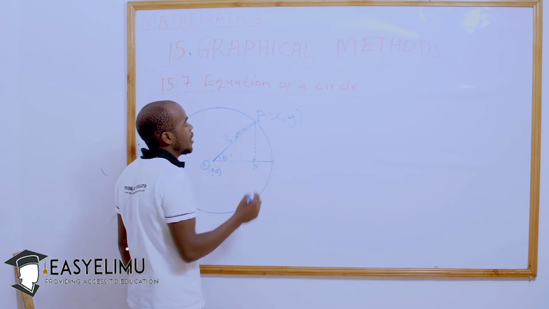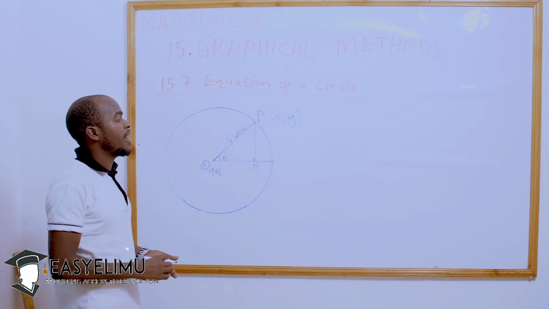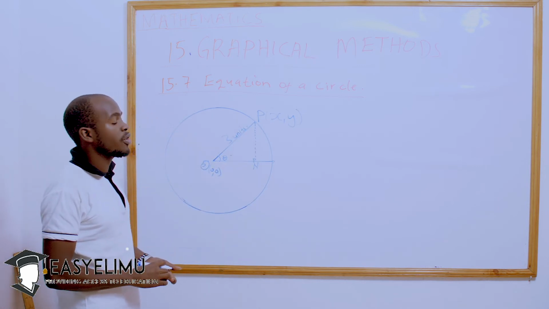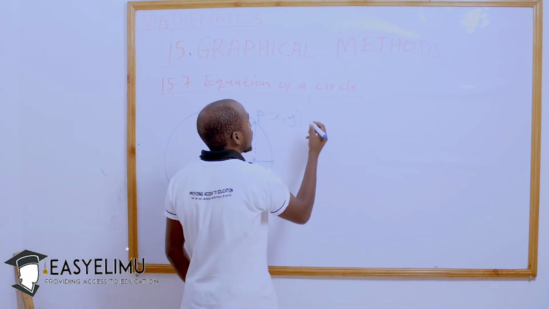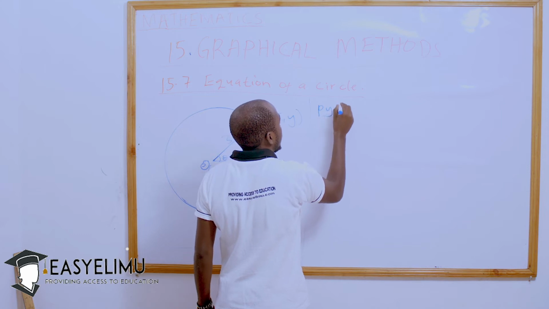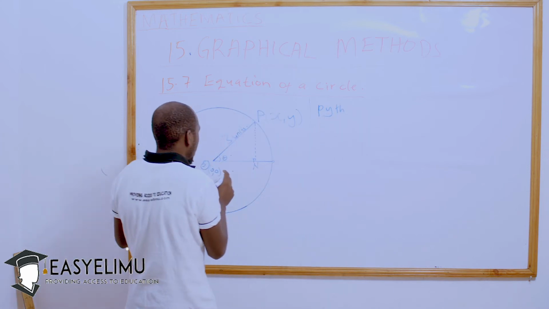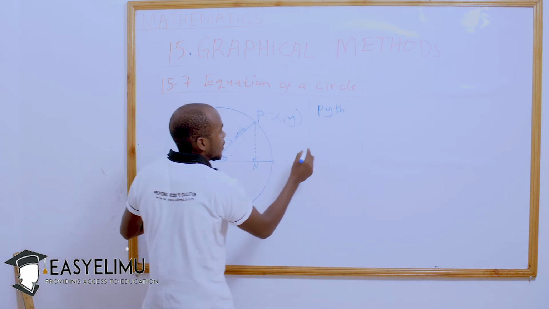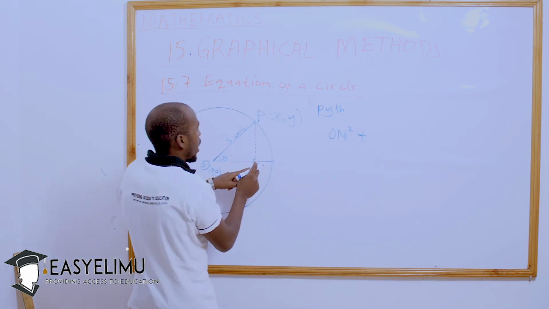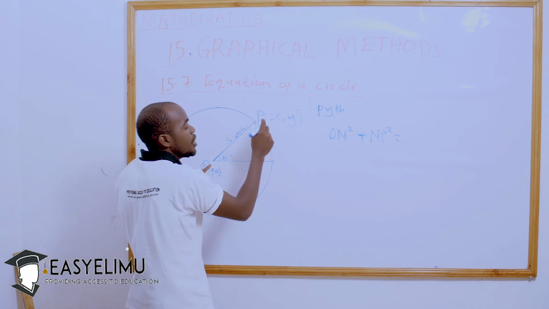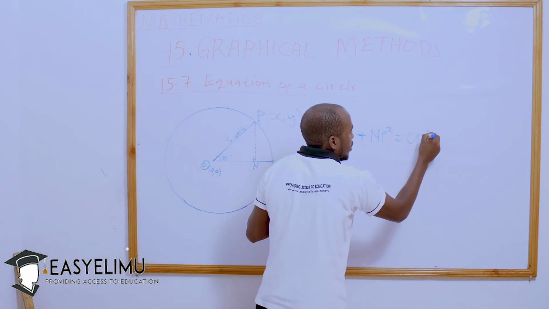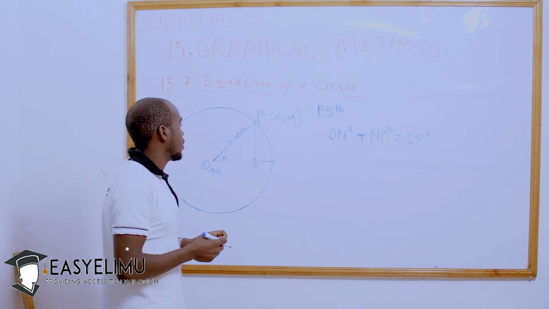So from there, we can find the equation of the circle, but before that, we know from Pythagoras theorem that if we take ON squared and add NP squared, we should get OP squared. That is a rule from Pythagoras theorem.